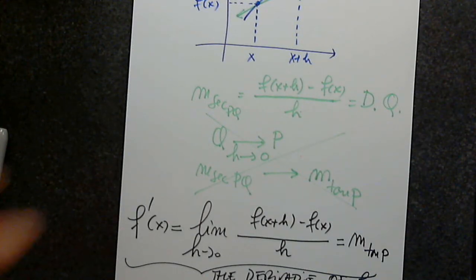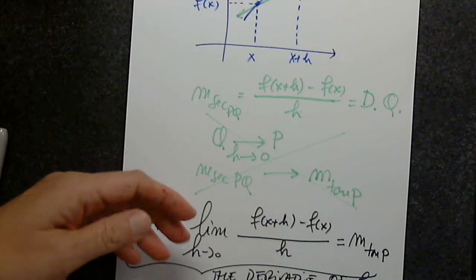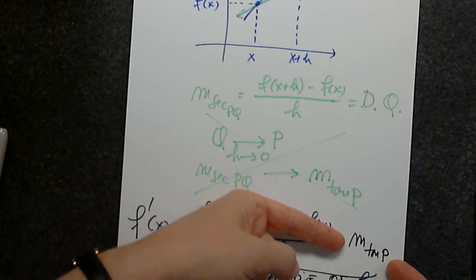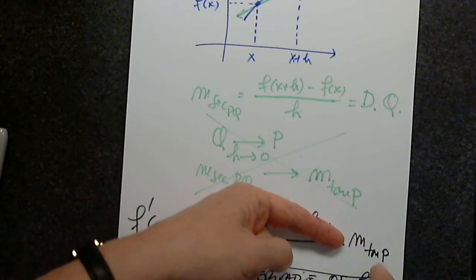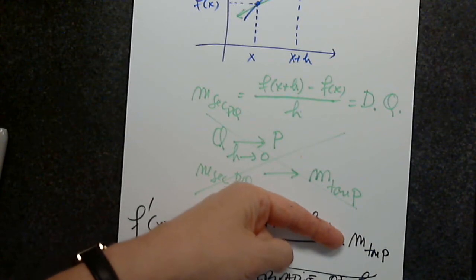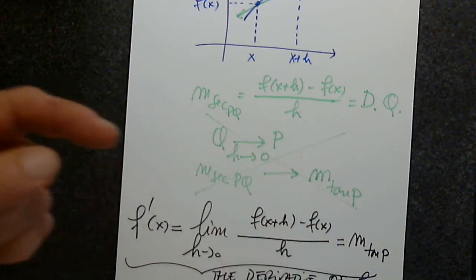So what does this mean? Do you remember what we said this was? Yeah, the slope of the tangent line, which gives the instantaneous rate of change. I'm going to put this in writing for you. This represents the instantaneous rate of change of a function at any point under certain conditions.